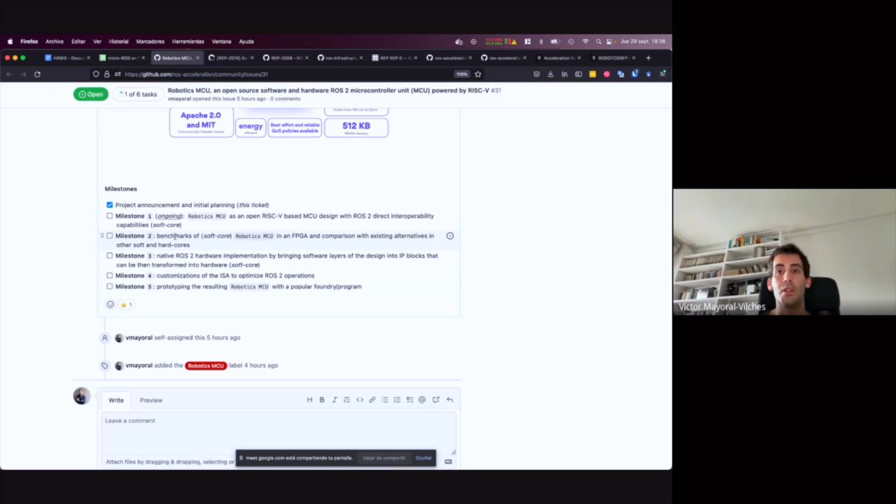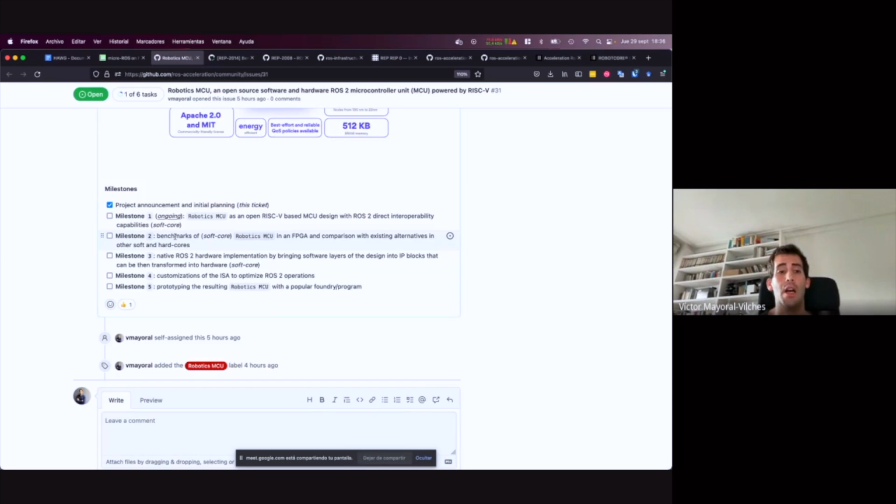And for that, we will look into one of the right now super popular foundries, which are making prototypes with 22 nanometers or some with a higher dimension. But nevertheless, that's not so relevant for us because we would be looking at just plain prototypes. But that's pretty much the scope of the project. Of course, reaching milestone 5, if we reach it, is going to take a while.